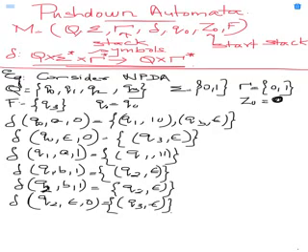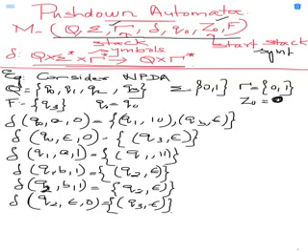Okay, so as we have seen, a push-down automaton can be represented using the tuple Q, sigma, gamma, del, q0, z0, F. The new symbols added here, compared to the finite automata, are the stack symbols and the initial start symbol of the stack.